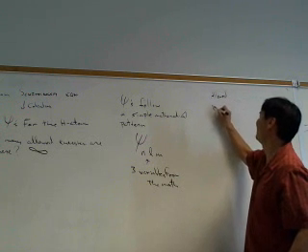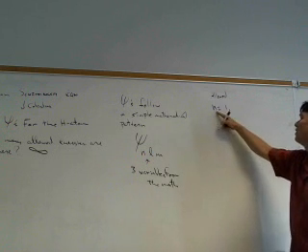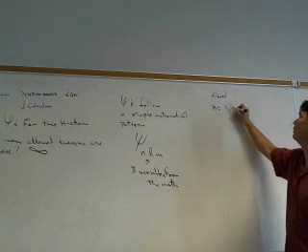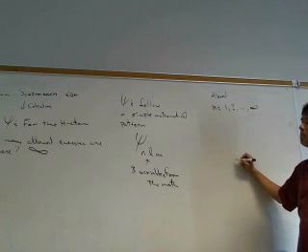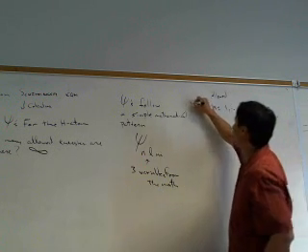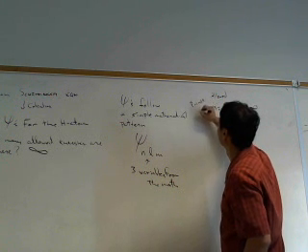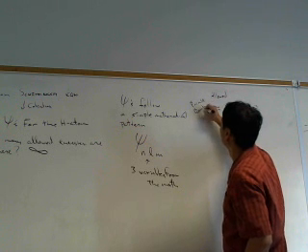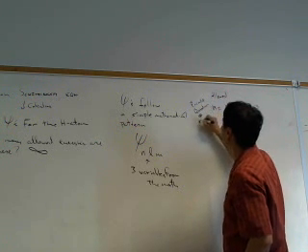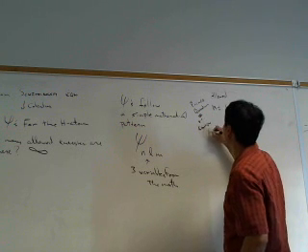So for example, the allowed values of n are n equals 1, 2, all the way to infinity. This variable is called the principal quantum number, or energy level.